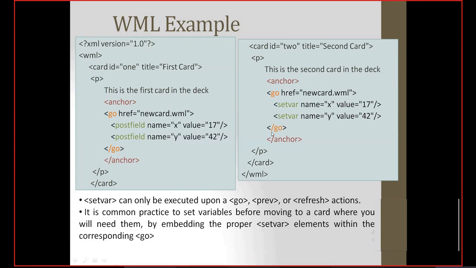But instead of the go tag, we can use the prev tag, so that we set these variables for the previous page. Okay. And also for the refresh action. So whenever a page is refreshed, these variables will be set and will be used on the same page on the refresh action. Understood? So these setvar tags can be used in case of go, prev, and refresh. Okay.